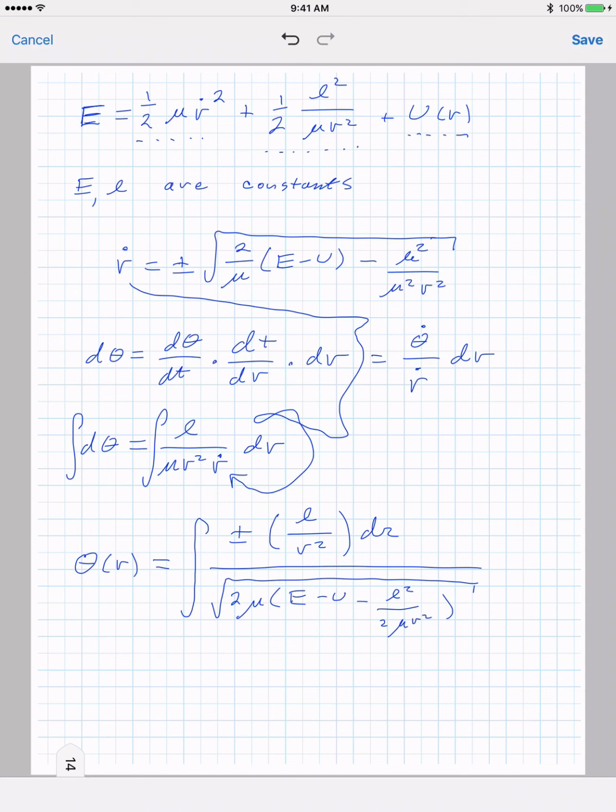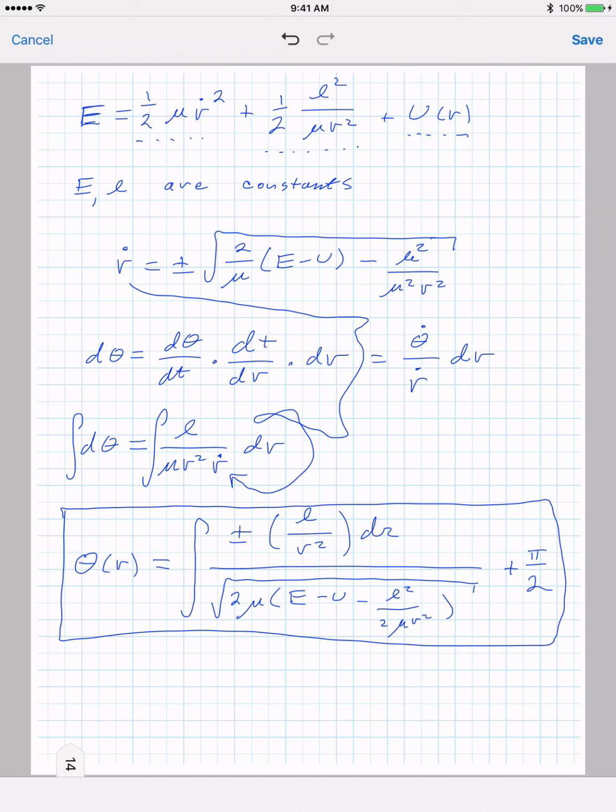Now what I'll do is establish that I want theta to be 0 when I'm at the minimum. And so to do that, I'm going to put a pi over 2 over here. I'm just adding a relative angle to the solution. But then this allows me, I'm going to put a box around this, because if I can do that integral, it gives me theta as a function of r, and that is the trajectory, right?